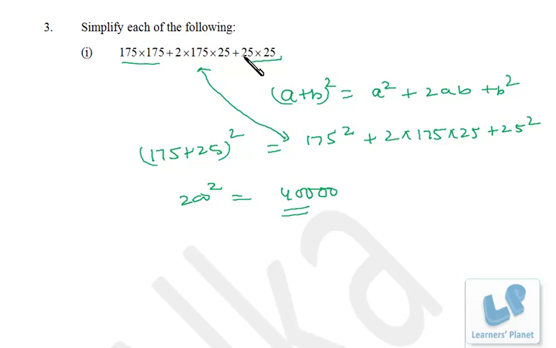If you do this multiplication, it will be really very tedious. It will take you 5 to 10 minutes to make this calculation. And if you use this identity, it will be very simple for you, right? So in the exam, if this sort of question comes, you have to go for this identity. Getting me? Let's do one more problem.